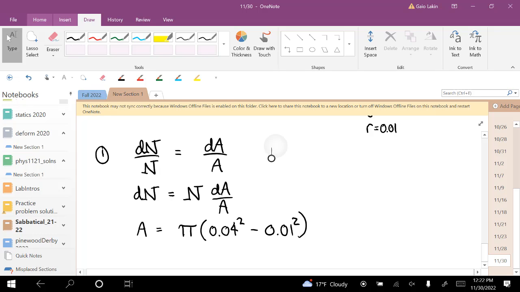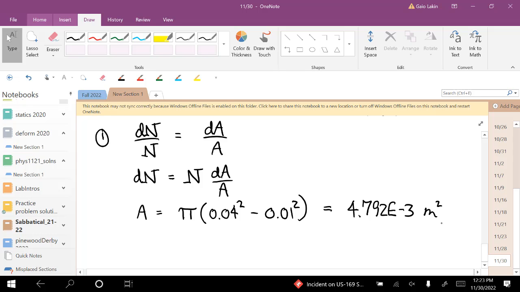Can someone calculate that? That's meters squared.